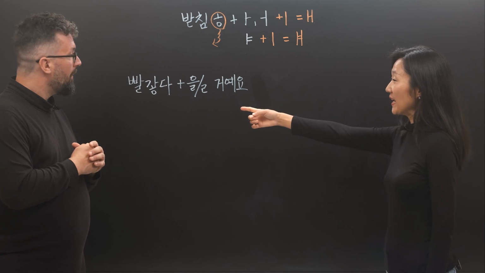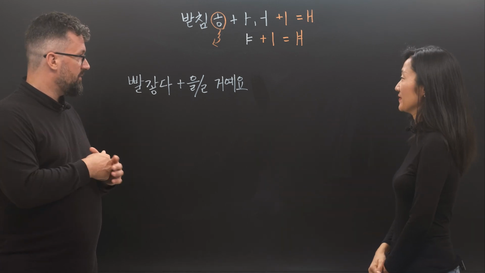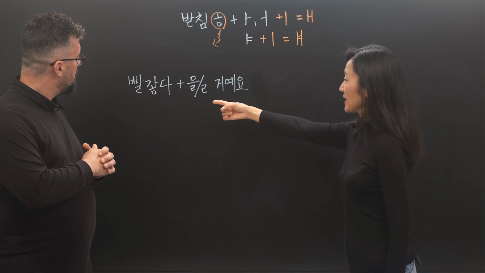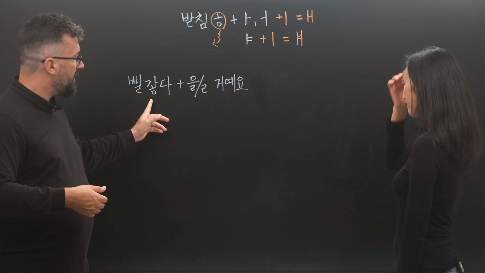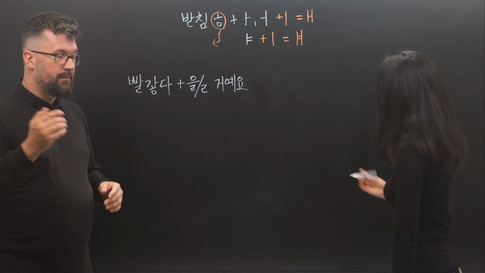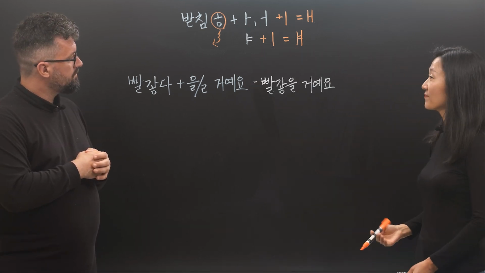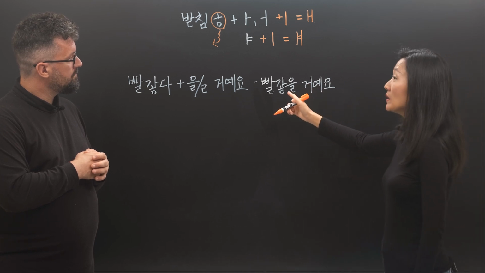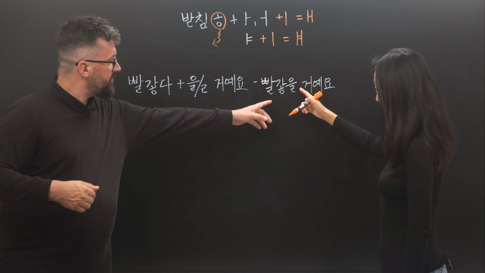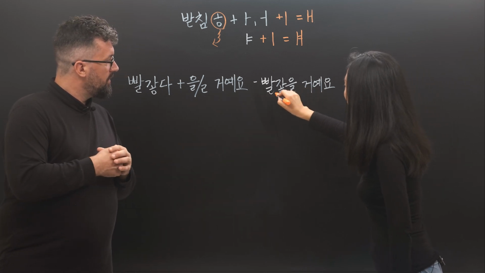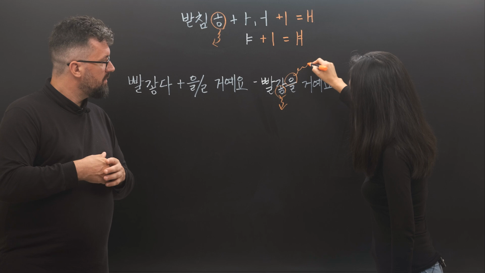So 빨갛다 means red, to be red, an adjective. The future tense is 을 거예요, because we have a Batchim. So Batchim ㅎ meets 으. We first remove ㅎ and we also remove 으 as well.